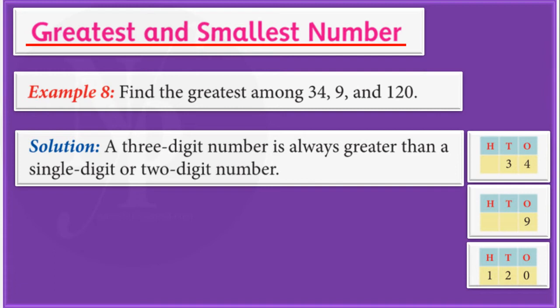So when we compare the numbers 120 and 9, 120 is a three-digit number, therefore 120 is greater than 9. And when we compare 120 and 34, again 120 is a three-digit number and 34 is a two-digit number, therefore 120 is greatest.